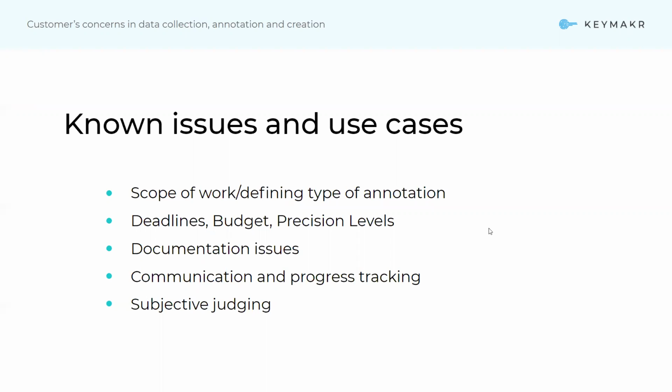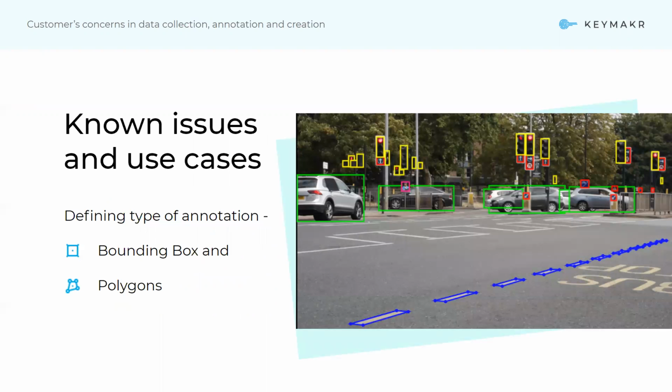Okay, so first things first, when we talk about annotation, we are to cover the annotation type itself. I'm sure you guys know what the annotation types are. I'll just quickly name a few. As you see here, we have green bounding boxes, pavement markings done with polygons, and more bounding boxes for the traffic lights.